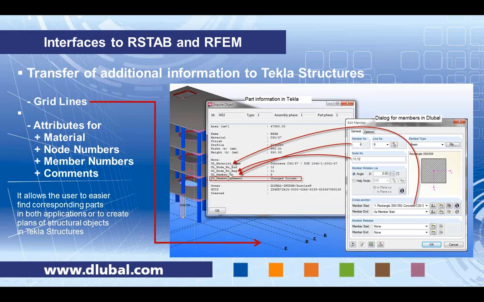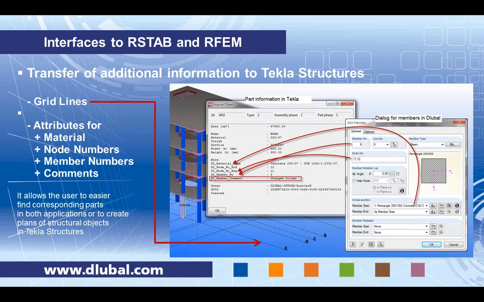All those user attributes can also be displayed on a drawing, for example. So it would be a good way to use it for an overview plan that displays the numbering of the structural objects maybe, or whatever you need it for.